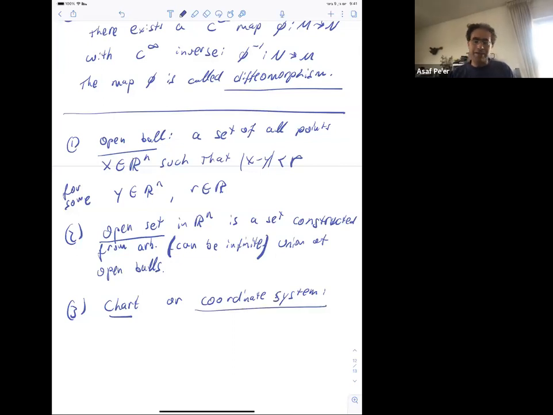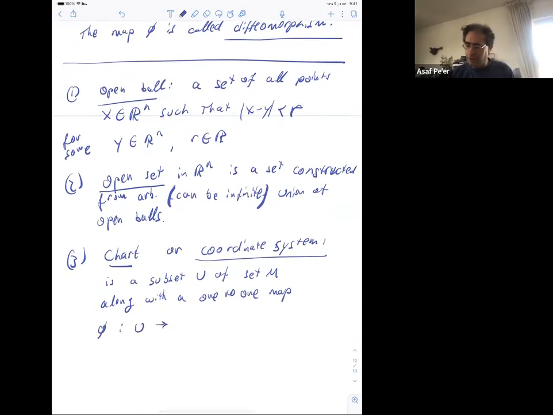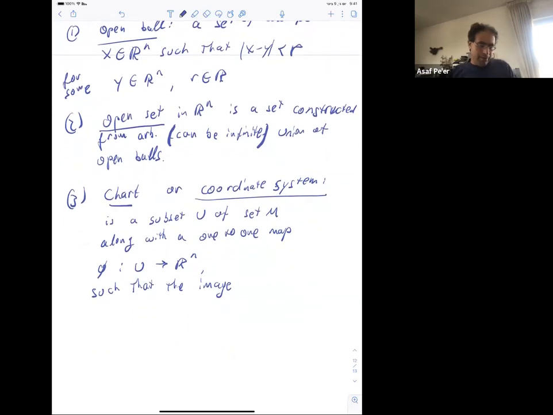Right? It's a subset U of the set M, along with a one-to-one mapping phi from U to R^n, such that the image phi of U is open in R^n.